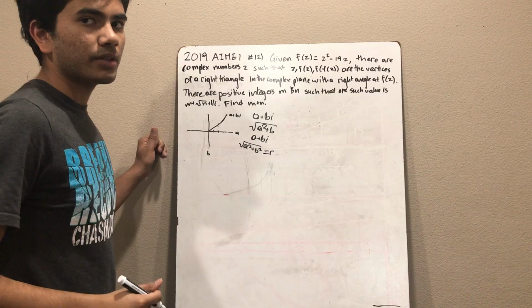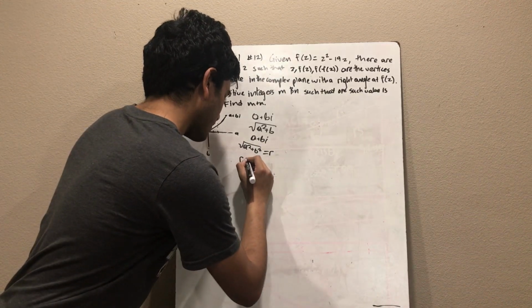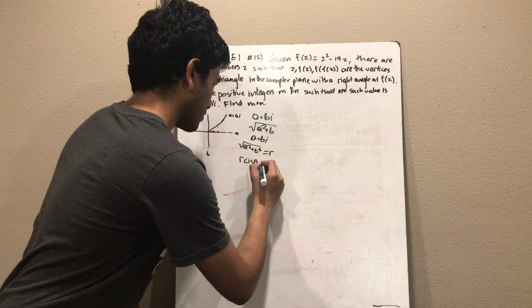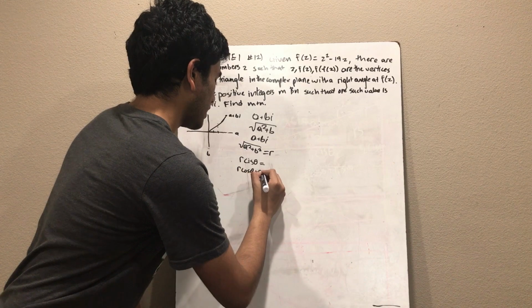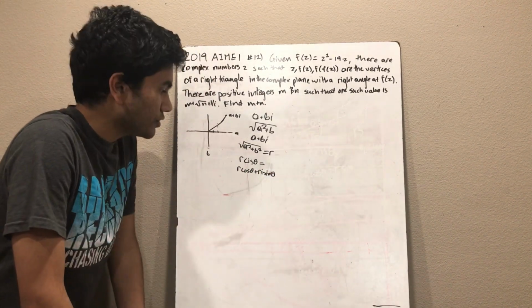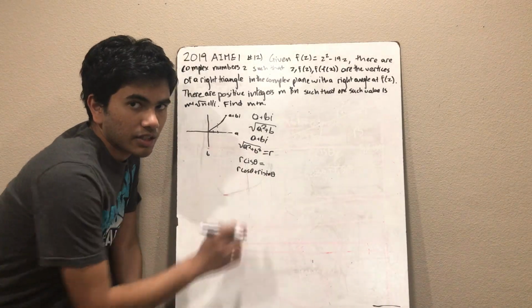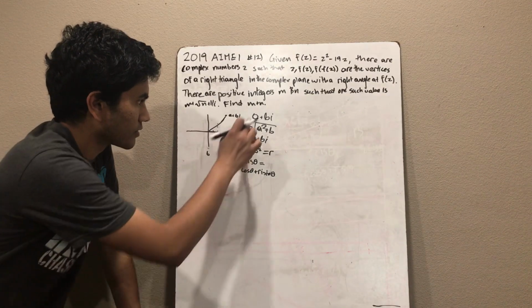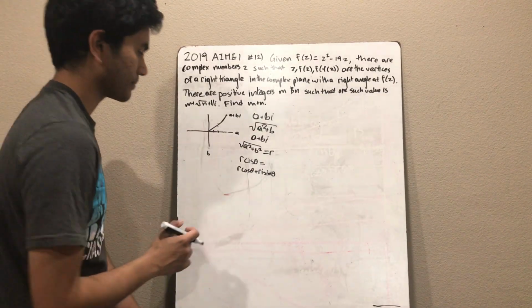One way that we can express complex numbers is r cis theta, which translates to r cosine of theta plus r i sine of theta. Again, you see here that this is the real part and this is the imaginary part. So how can we express a plus bi in this form?